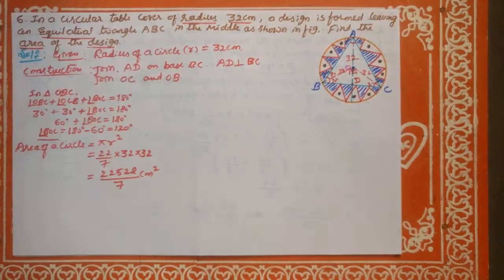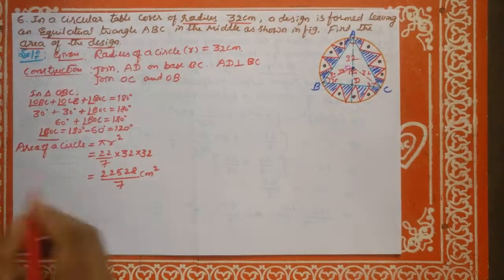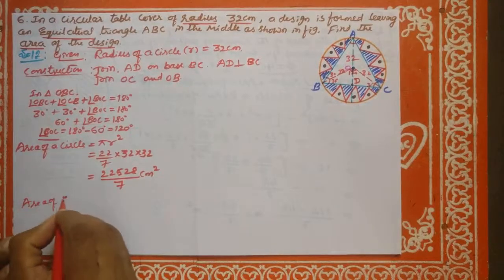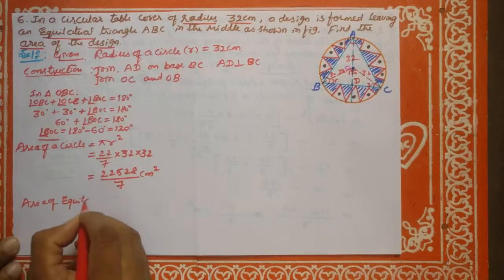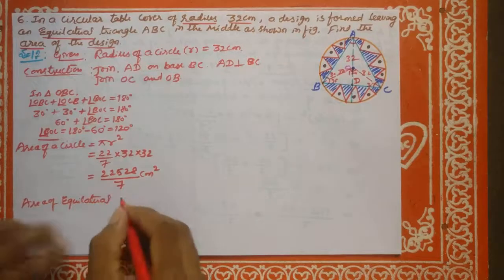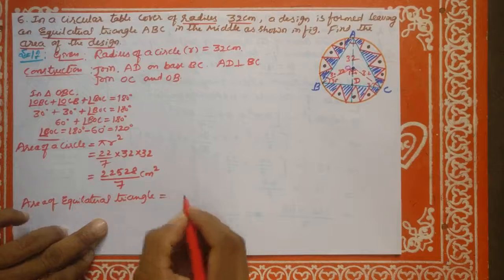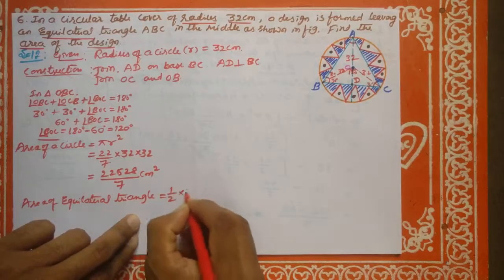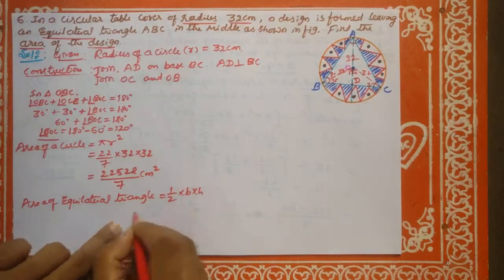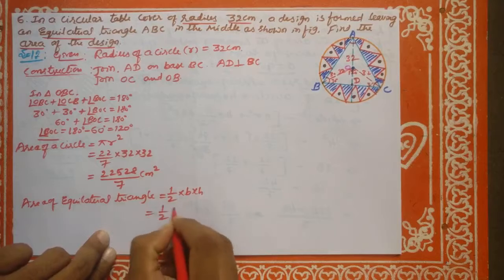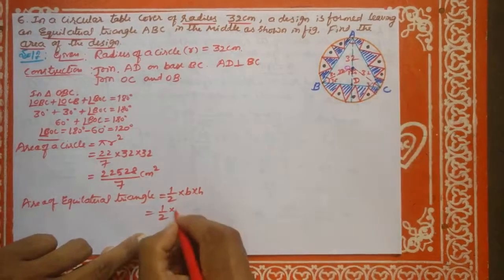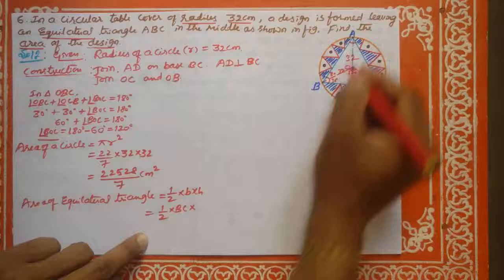Now area of an equilateral triangle is equal to half into base into height. Here half into base BC into height AD.